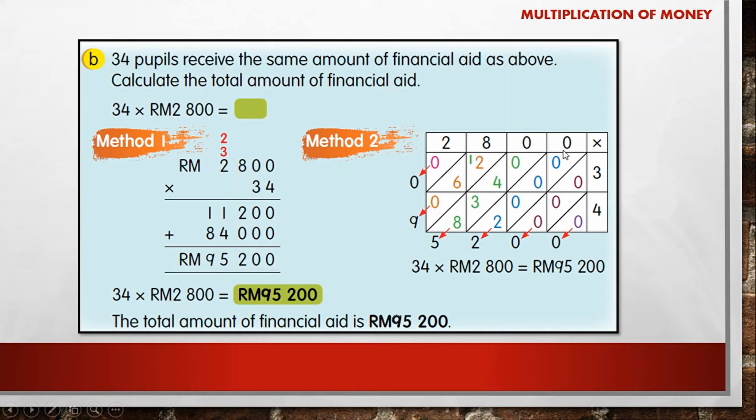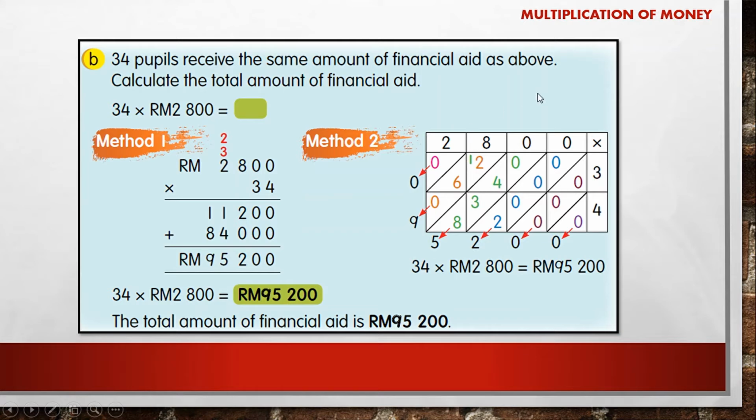Now 0 multiplied by 3, you got 0. 0 multiplied by 3, you got 0. 8 multiplied by 3, you got 24.